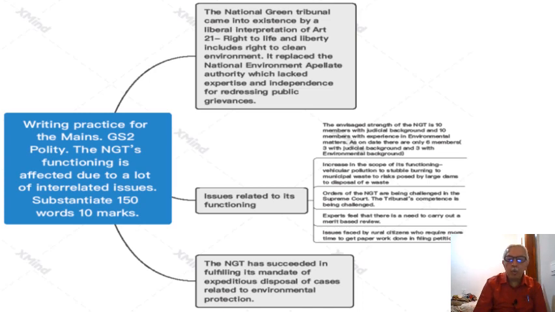Issues faced by rural citizens who require more time to get paperwork done in filing petitions. Now if you see the problems faced by the rural clientele who want to go to the National Green Tribunal, like in any other court, enormous paperwork is required in filing, and generally the rural citizenry is asking for more time, which has to be considered in a favorable manner by the NGT.